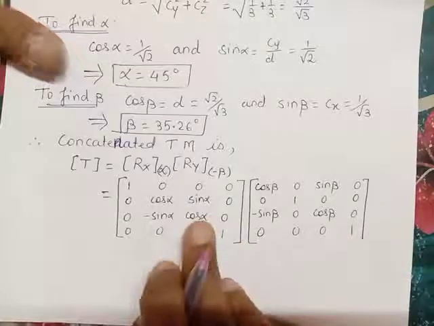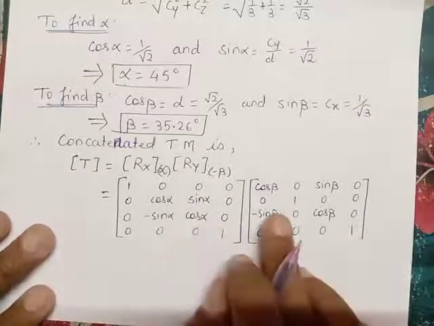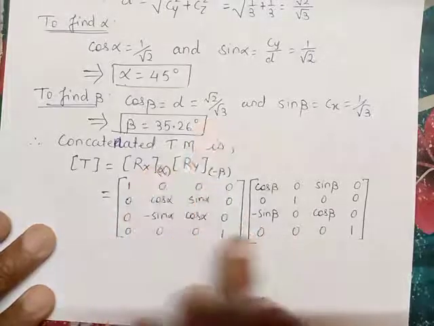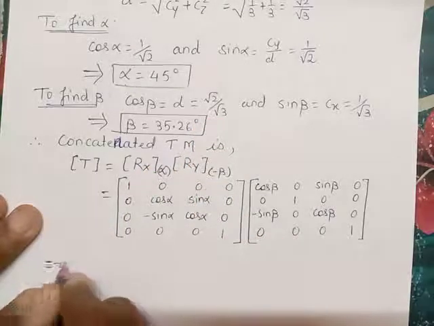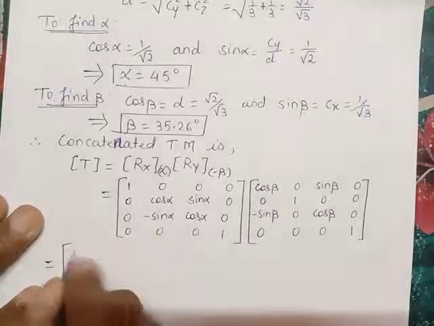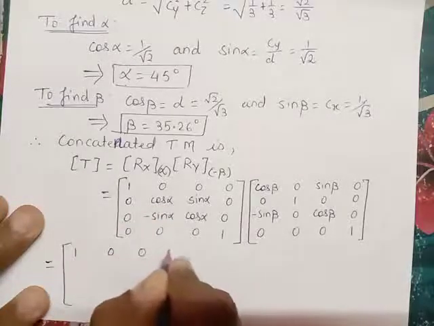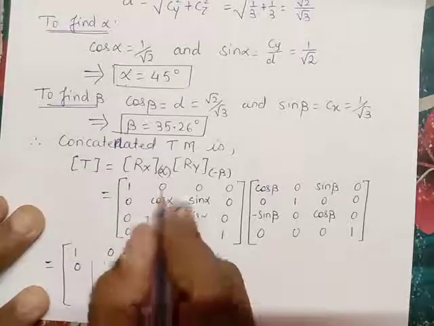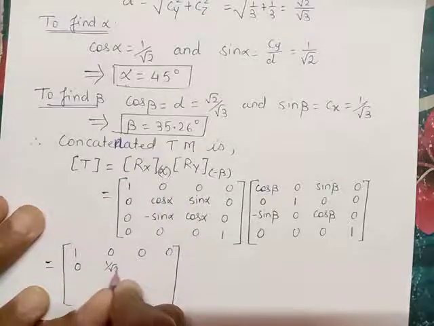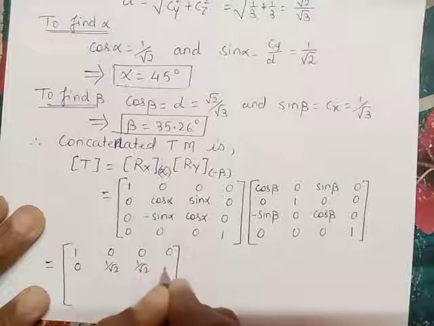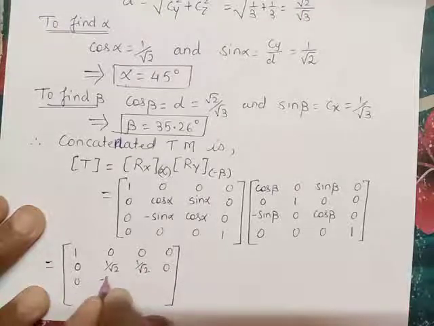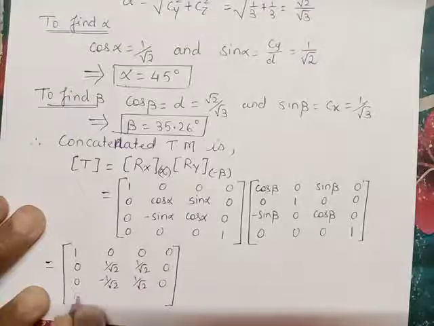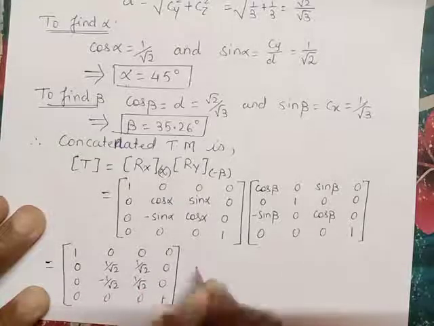Now put the values of cos alpha sin alpha, cos beta sin beta from the problem and take a multiplication of these matrices. So we get 1 0 0 0, 0. What is cos alpha? 1 by root 2. This is 1 by root 2. 0 0 minus 1 by root 2, 1 by root 2, 0 0 0 0 1.